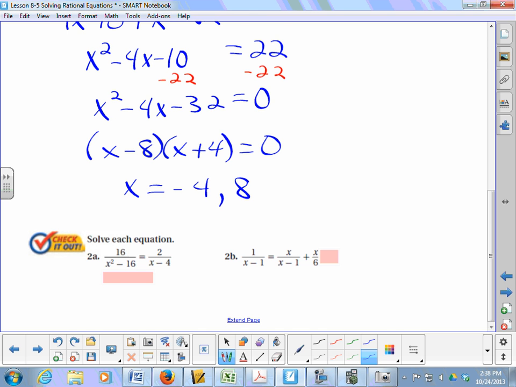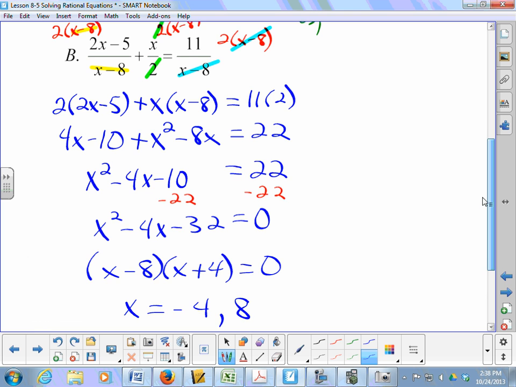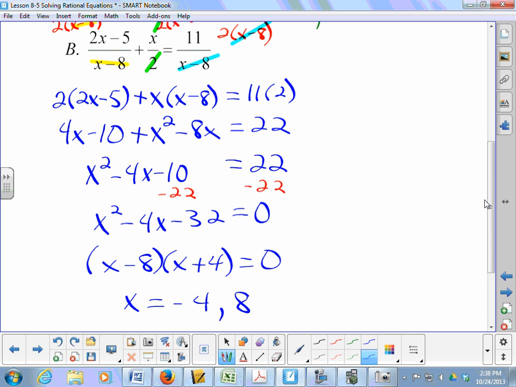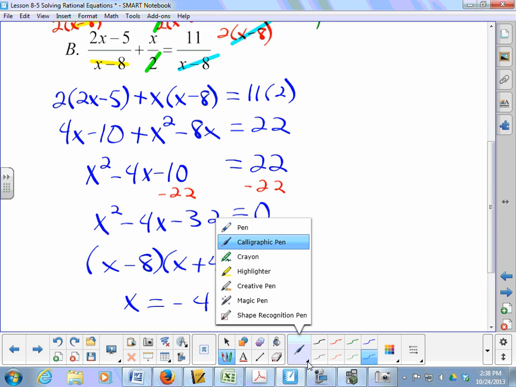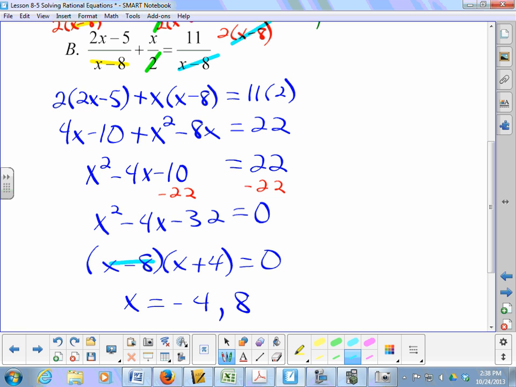That's wonderful. Okay? The only thing is that if I go back up here, I notice something. I have x minus 8 in the denominator, a common factor x minus 8 down here. Okay?